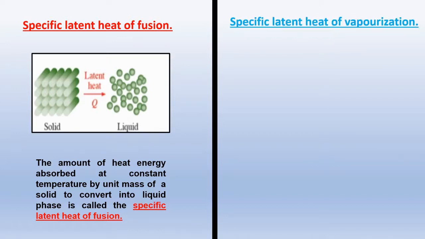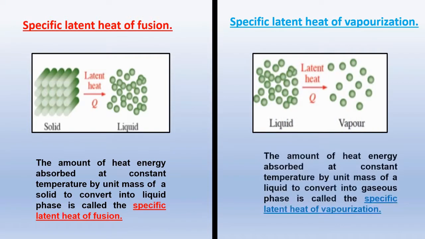Now what is specific latent heat of vaporization? It is the amount of heat energy absorbed at constant temperature. Now this happens at 100 degrees Celsius, and the latent heat of fusion was at 0 degrees Celsius.